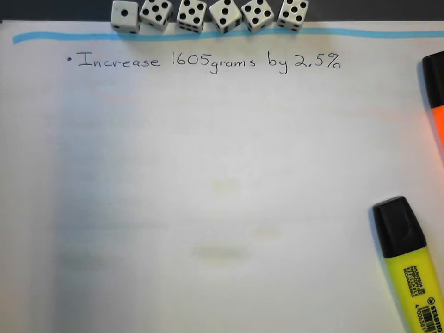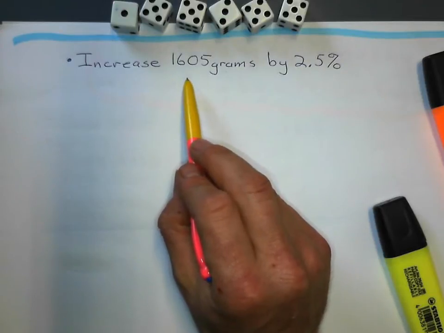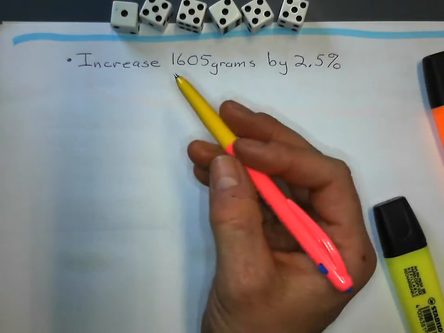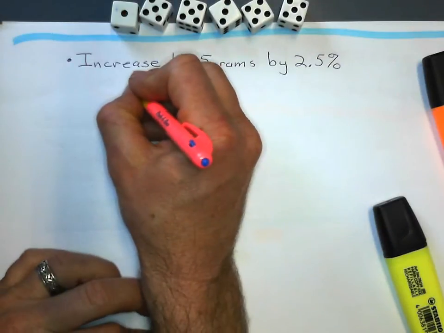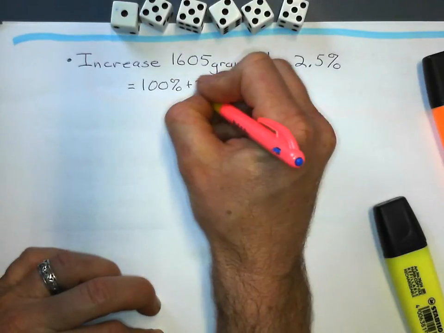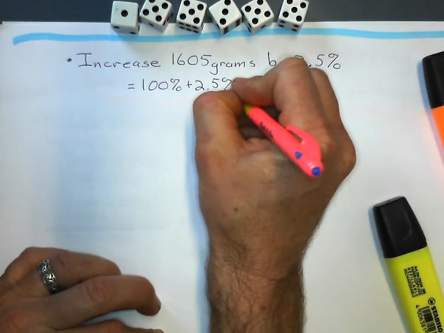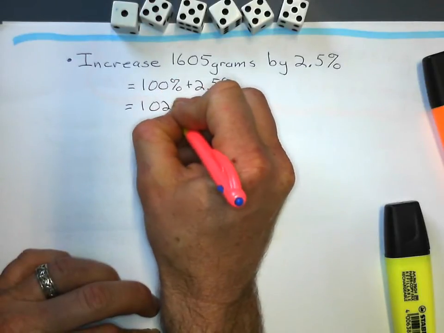For the next example, instead of finding 2.5% of 1,605 and adding that on, just work out what the multiplier is. An increase of 2.5%, what does that mean? It means all of it plus 2.5%. So an increase of 2.5% means 102.5%.